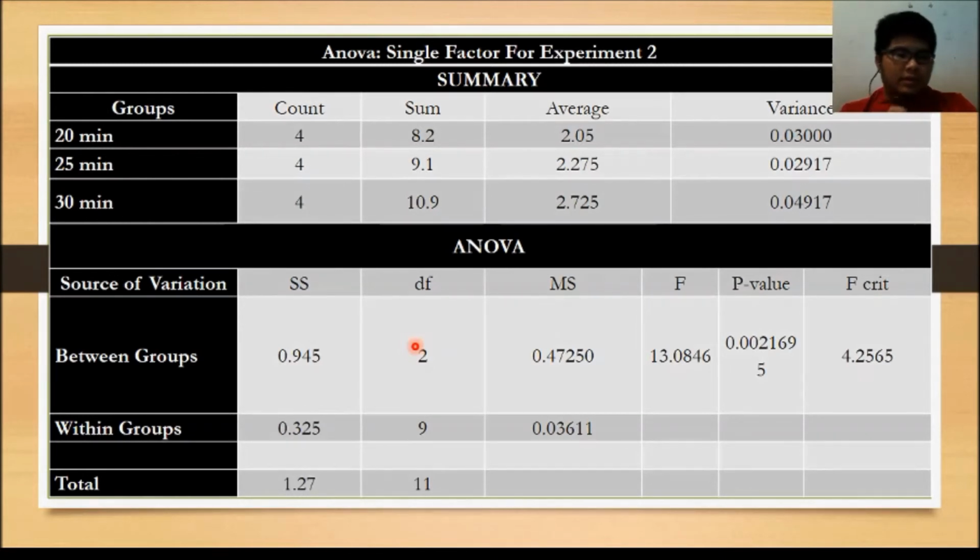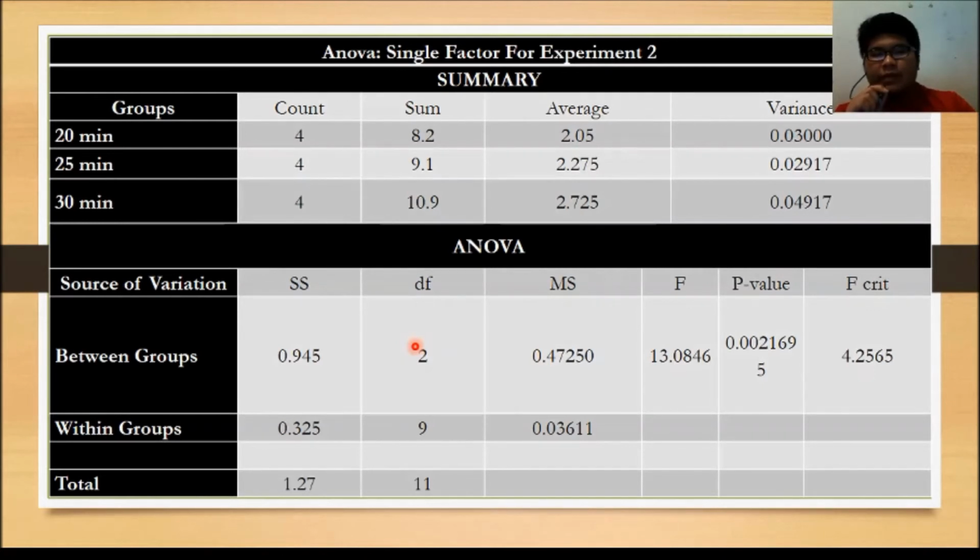And the formula for within groups is number of trials minus the number of groups, where the number of trials is 12 minus 3 is equal to 9. So the total degree of freedom is 11 here.